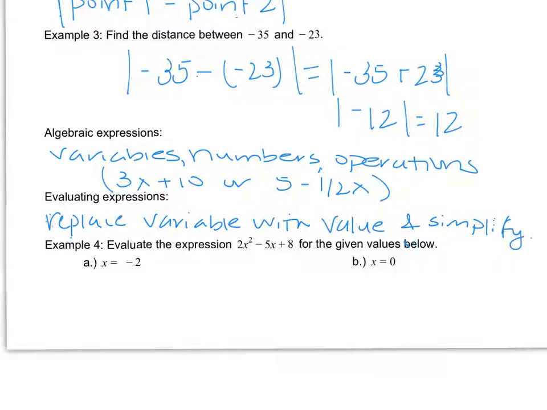Okay, so that would mean in this case for 4a, we would do 2 times -2 squared minus 5 times -2 plus 8. Following the order of operations, right, we would work on our exponent first. So -2 times -2 is a +4.